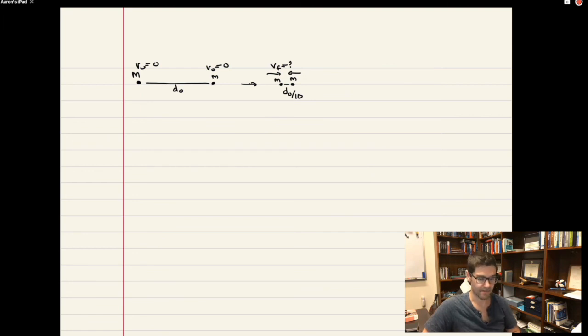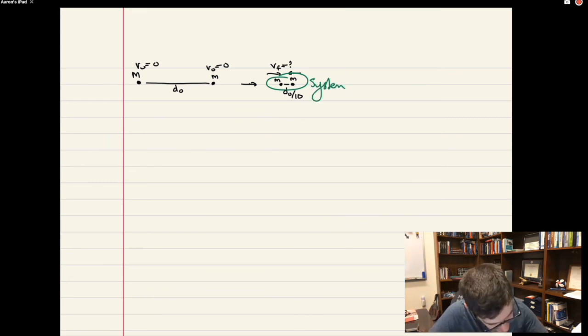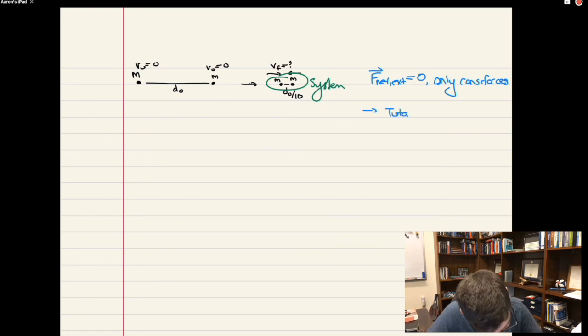So in this case, if I identify my system as the two particles, then I can say that there is no net external force on the system, right? There's only conservative forces. I could say then that the total energy is conserved.